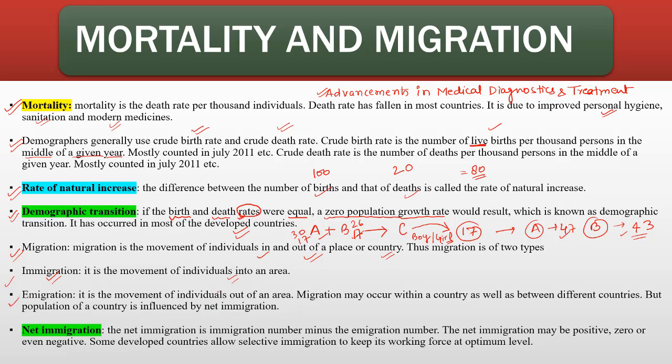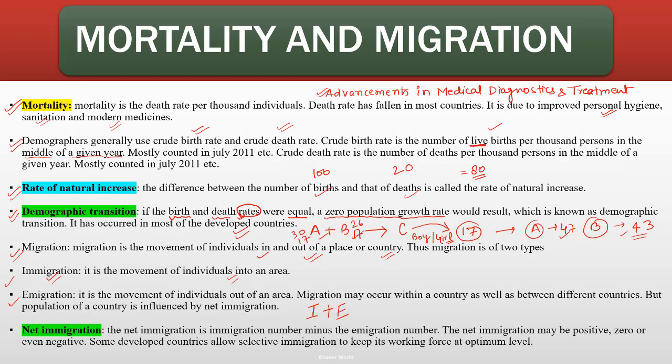Migration may occur within a country as well as between different countries. It can occur within a country or between different countries. But the population of a country is influenced by net immigration. Net immigration means what? Net immigration is the immigration number minus the emigration number. Okay.